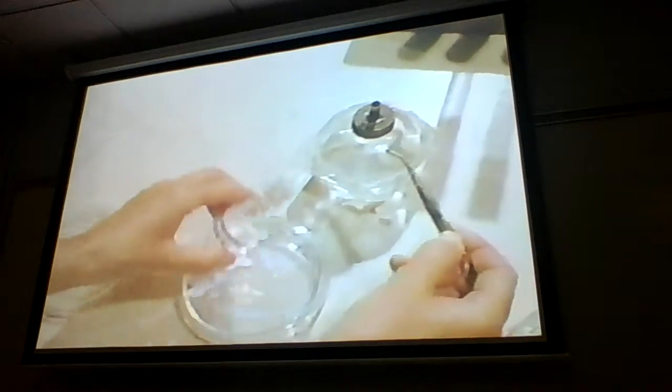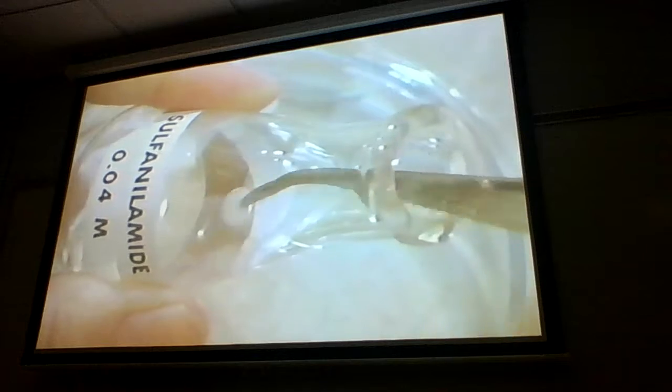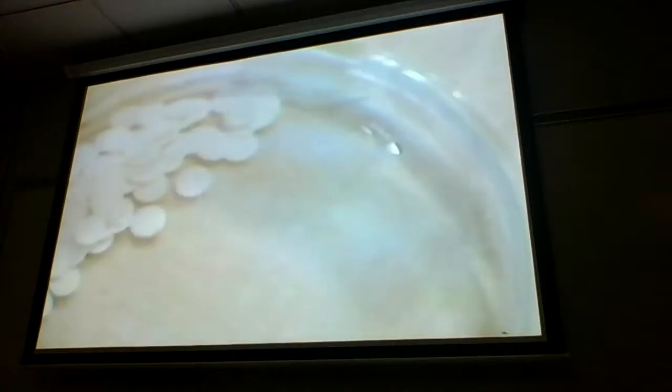A small piece of sterilized filter paper is wet with a sulfanilamide solution and placed on the bacteria in one compartment of the petri dish. The dish is placed in an incubator for 24 hours.